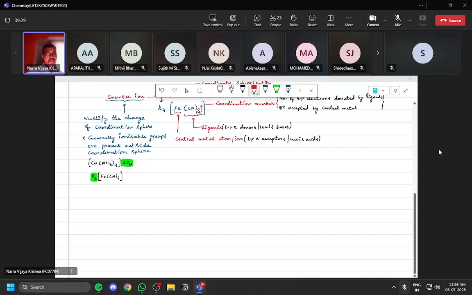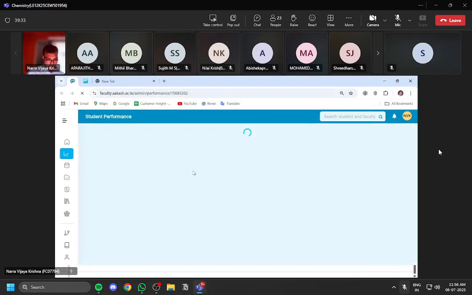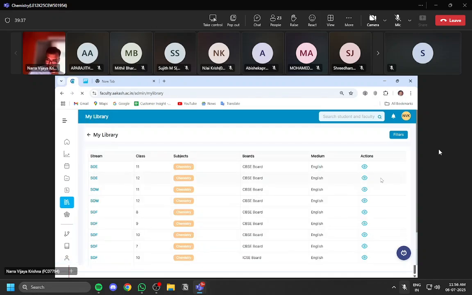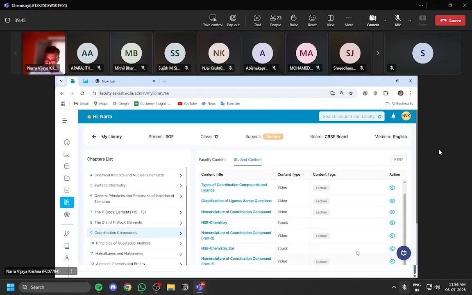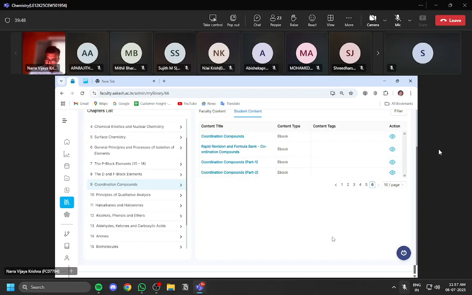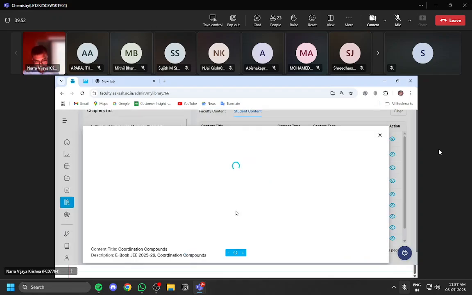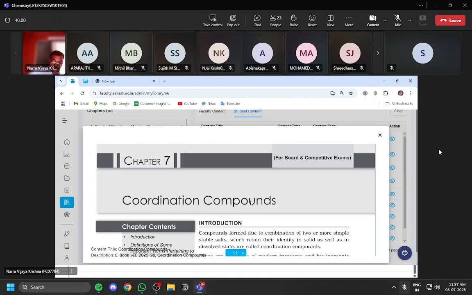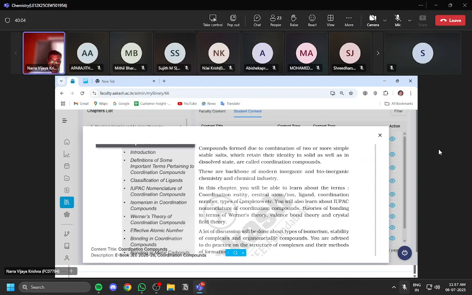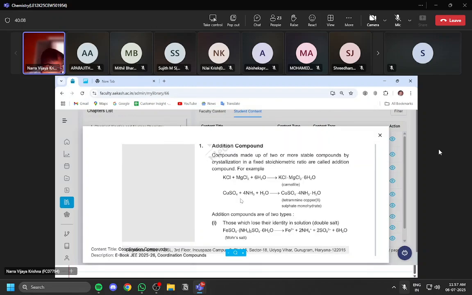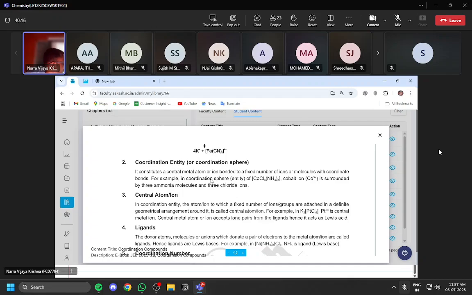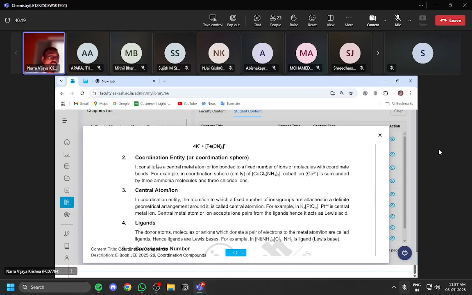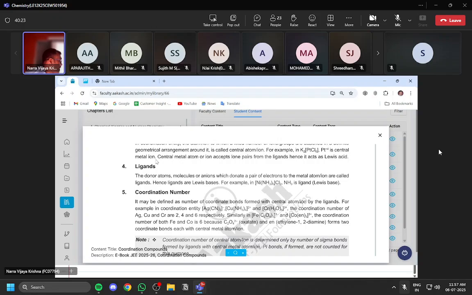We discussed the introduction, addition compounds, Mohr's salt, then K4[Fe(CN)6], coordination entity, central atom or ion, ligands, coordination number.